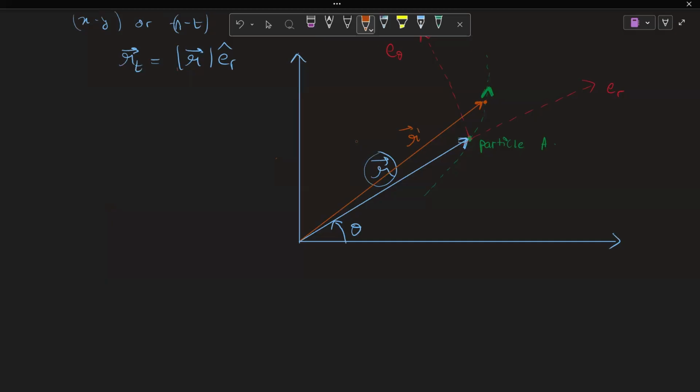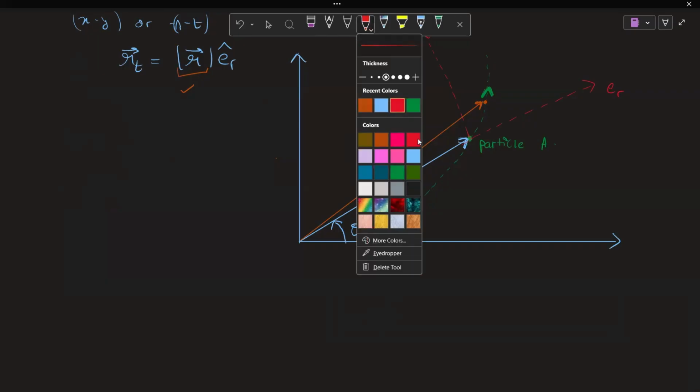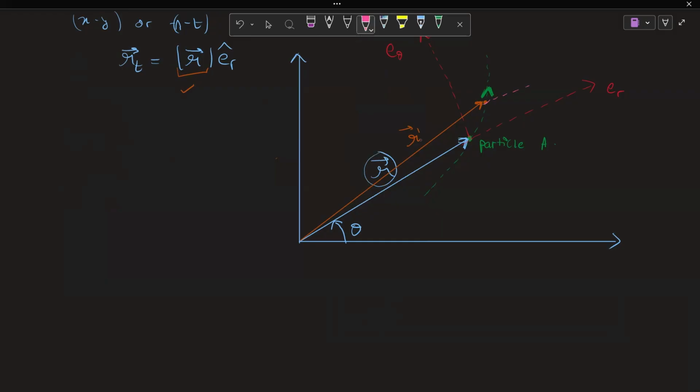So the magnitude is changing, and the direction, let's see by pink, er dash and e theta dash, because it has moved by an angle d theta. So both e theta dash and er dash will have different directions. So this is also changing.